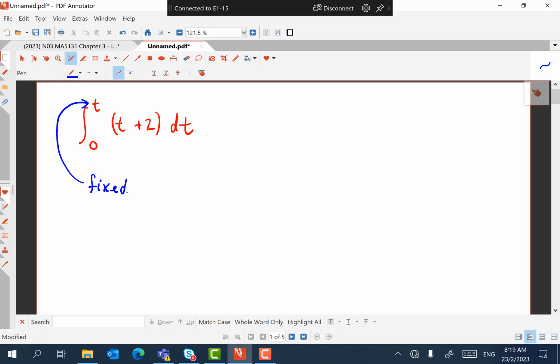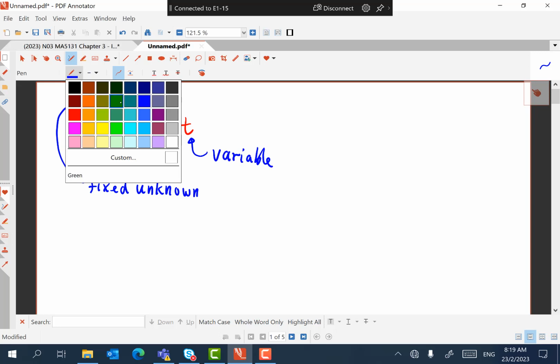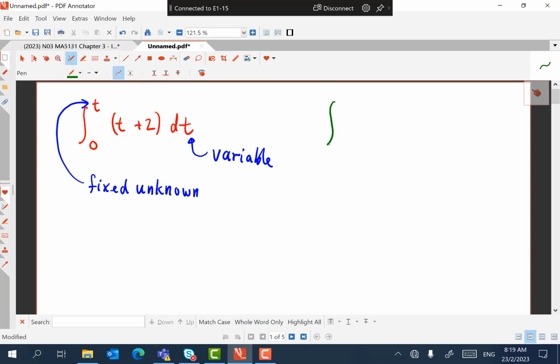The t is two different things there. It's a little confusing. It should be like t1 or something.